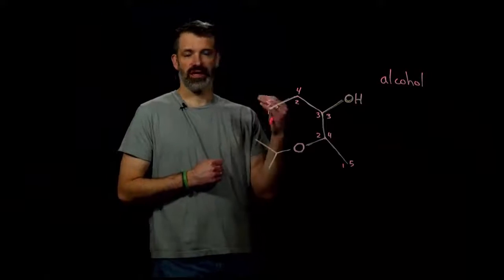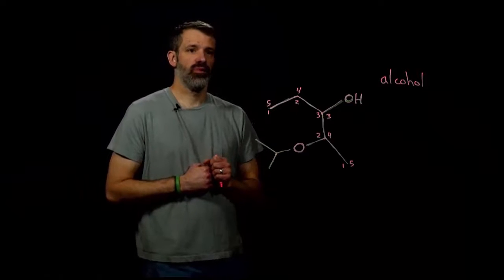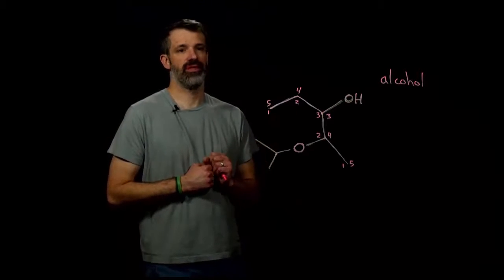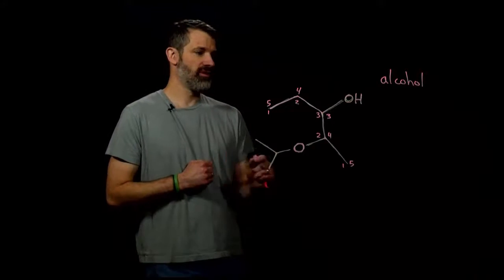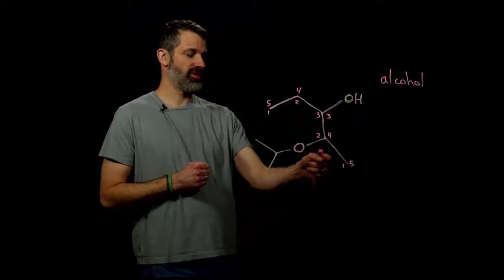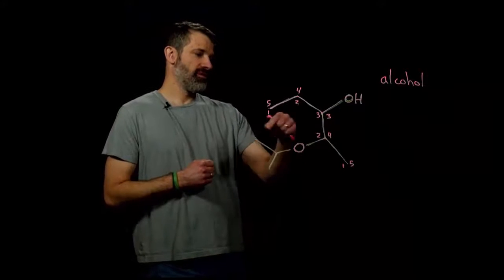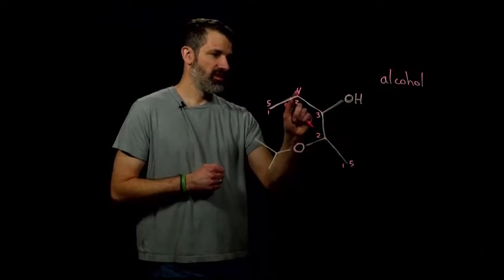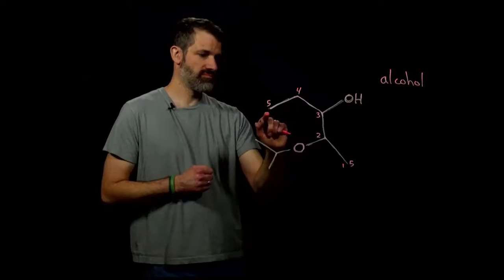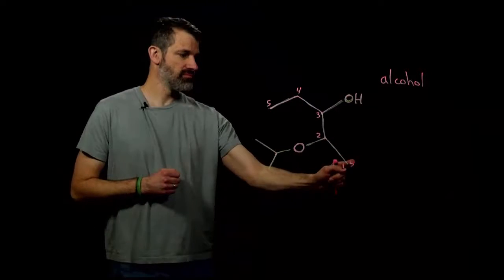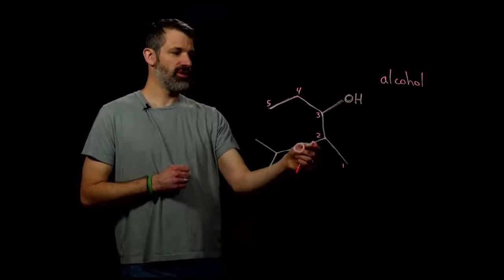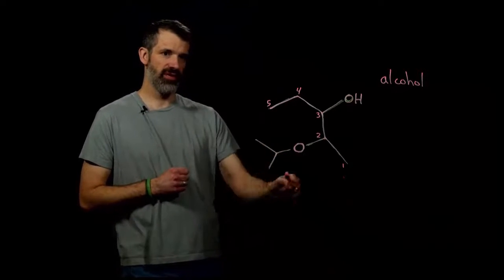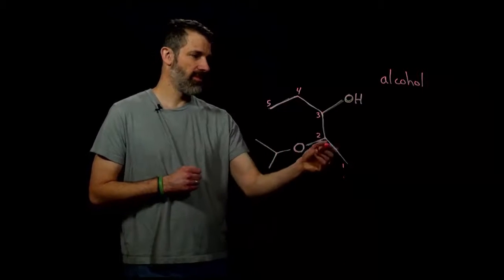The next thing to take a look at is what other substituents I have. I need to make sure to give them the lowest possible carbon number. So the preferred numbering would actually be to go from bottom to top, in which I've got carbon 1, carbon 2 as the lowest possible carbon location for my ether group out over here.